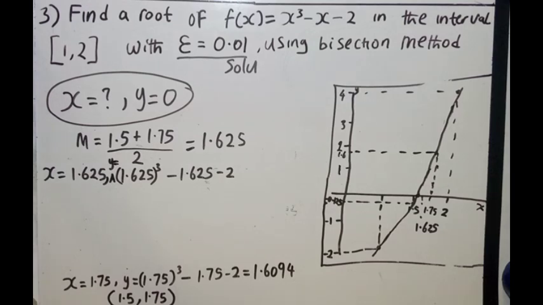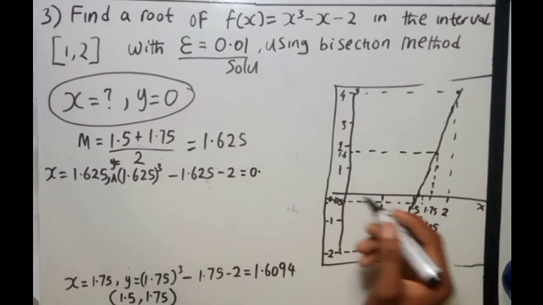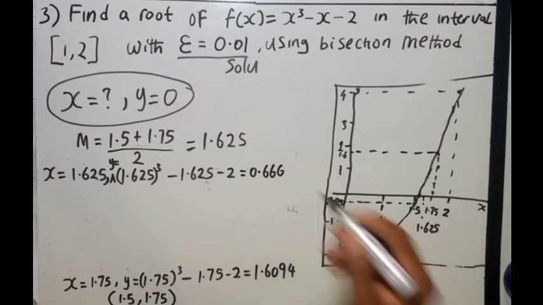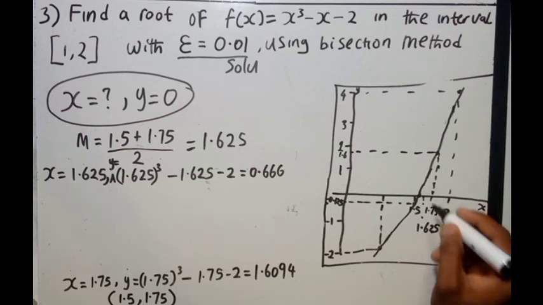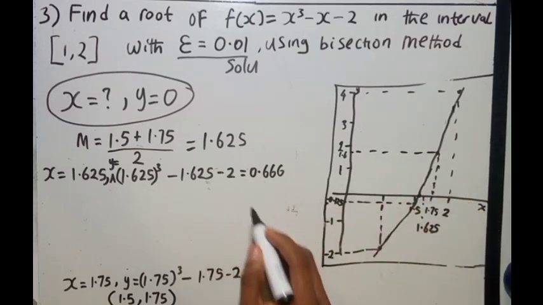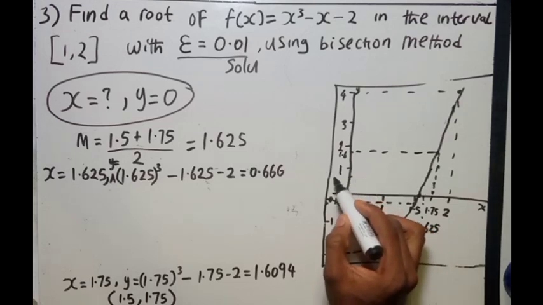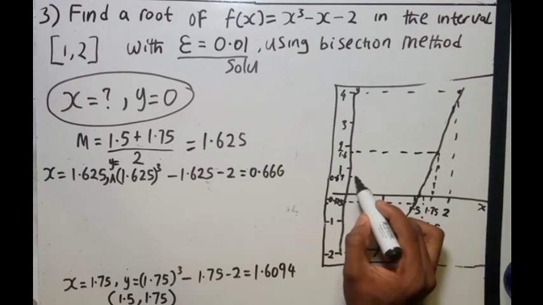So with the calculator, we have our answer to be 0.666. So this is our value of y. Now with our graph we then say where is 0.666? That will definitely fall within this place. So here is our 0.67.